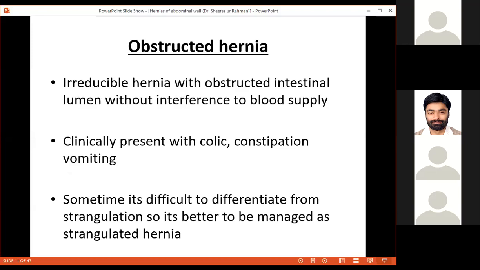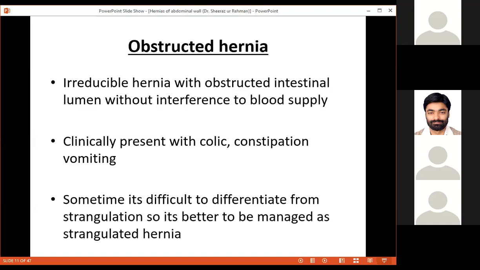But clinically, they can present with colic, constipation, or vomiting. These are all symptoms of a mechanical bowel obstruction. Sometimes it's difficult to differentiate from strangulation, so it's better to manage it as a strangulated hernia. We had one of the examples, like we said, inflamed hernia.